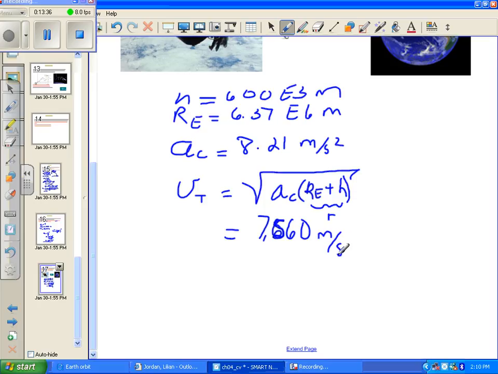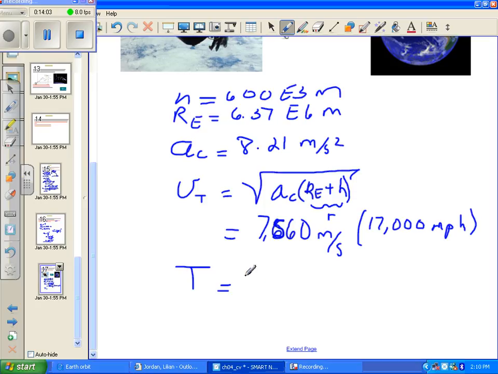And in case you're wondering how fast that is, it's almost 17,000 miles per hour. That is pretty fast. And in fact, what we'll find is that the orbital period will be under 2 hours, or just over an hour and a half.